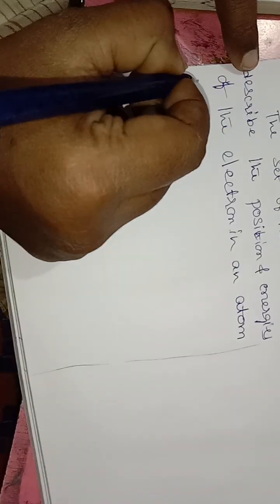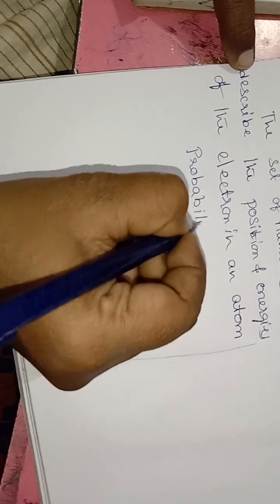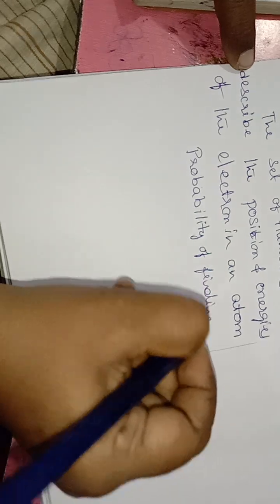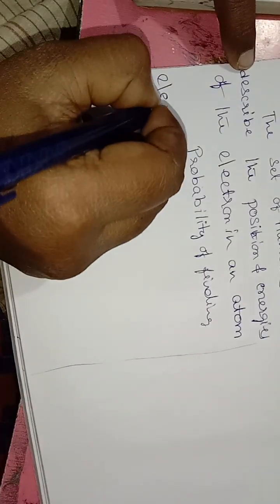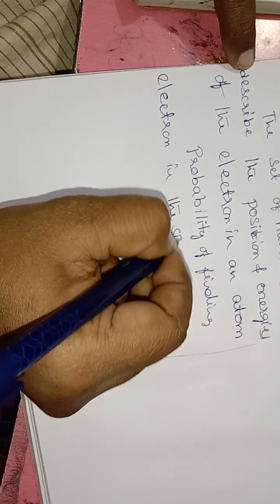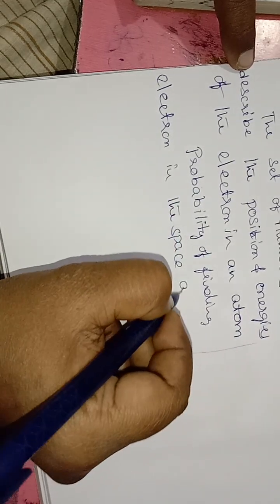right? Also, these quantum numbers give information on the probability of finding the electron in the space around the nucleus.